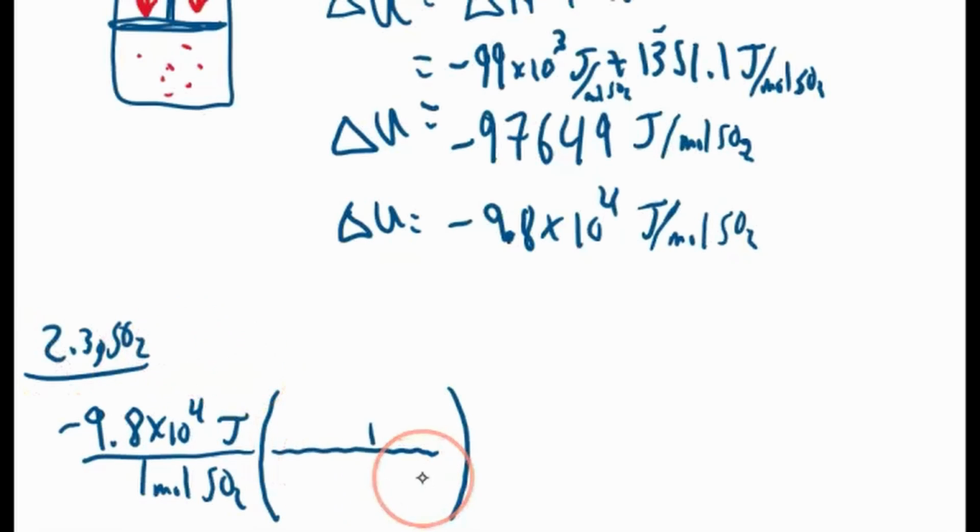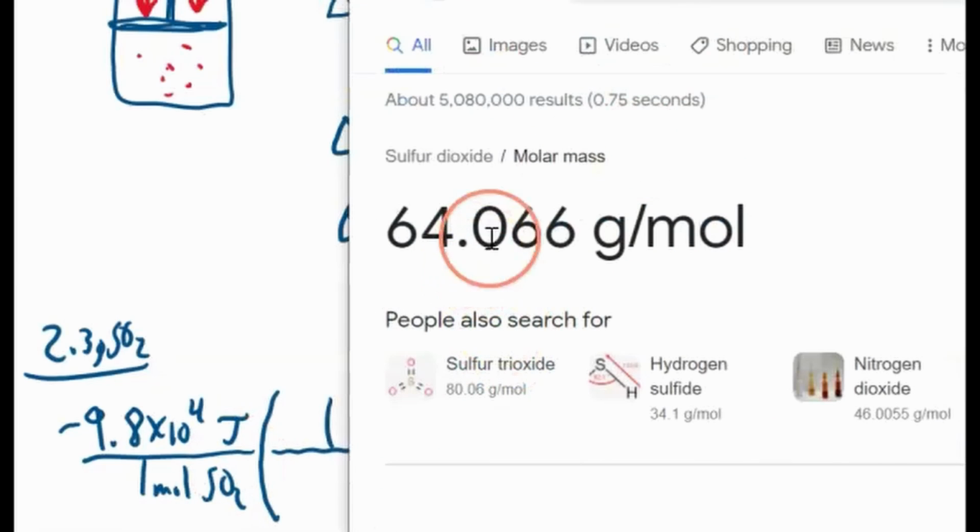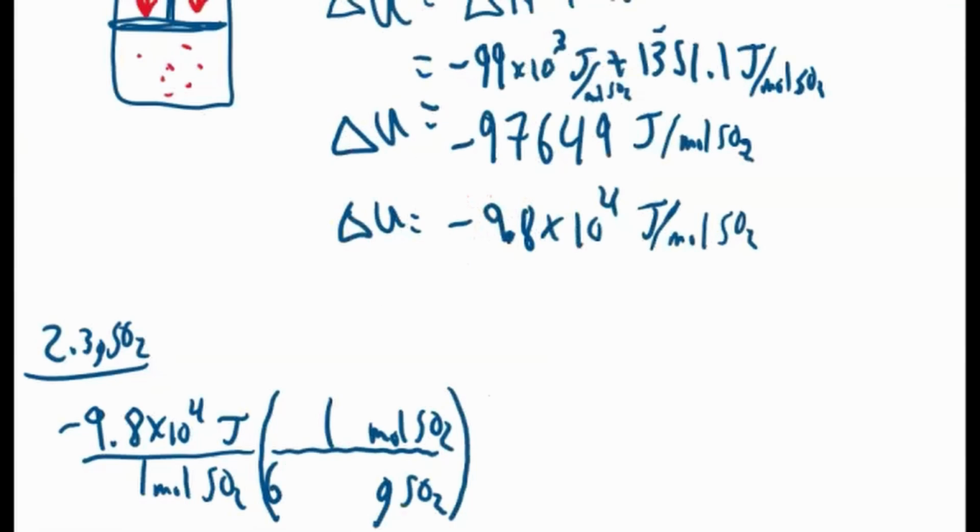We want moles of SO2 to cancel out, and grams of SO2 downstairs. Based on the molar mass, the molar mass of SO2 is 64.066. You'd obviously have to add it up on the periodic table, but I just Googled it. So that's per gram.